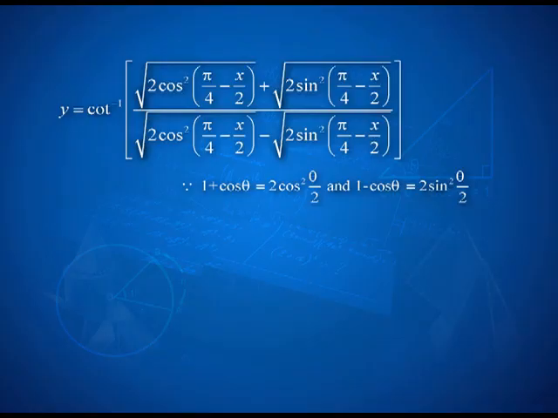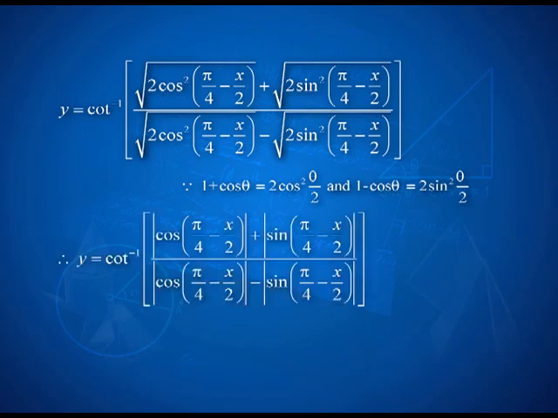What is this going to be same as? This is same as writing cot inverse of absolute value of cos of pi by 4 minus x by 2 plus absolute value of sin of pi by 4 minus x by 2, and in the denominator the same expression with a negative sign in between. Now, why do we have modulus here?